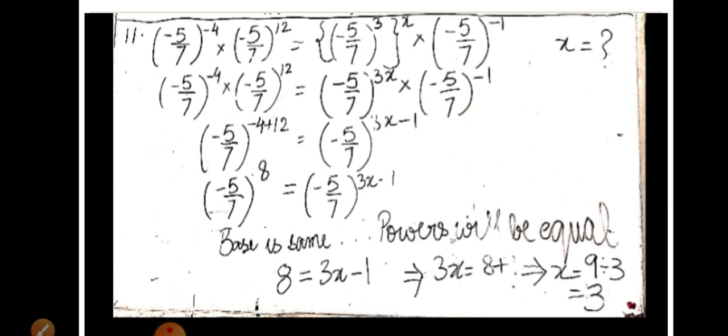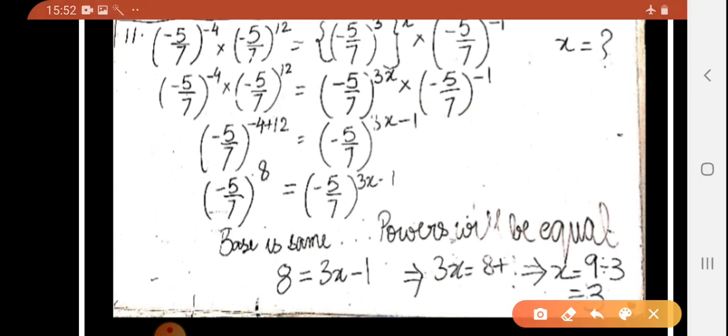Here the base is same on the left hand side and on the right hand side also. So on the left hand side we can add the powers. On the right hand side also the base is same, so we can add the powers, so it will come 3x minus 1.